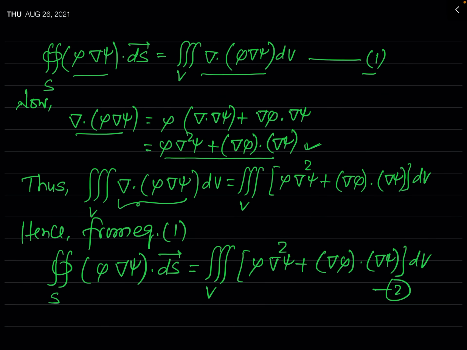And we have actually obtained this result by the use of Gauss's divergence theorem. So you can say this equation 2 is simply the first Green's identity.